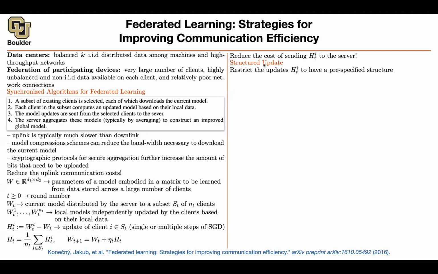What is the big picture when it comes to structured update? You restrict the updates of H to have a pre-specified structure. What do I mean? Perhaps a pre-specified structure is a low-rank structure. What is that? You assume that your H, all of them, have this structure, that it's A times B, where K is less than D1 and D2.